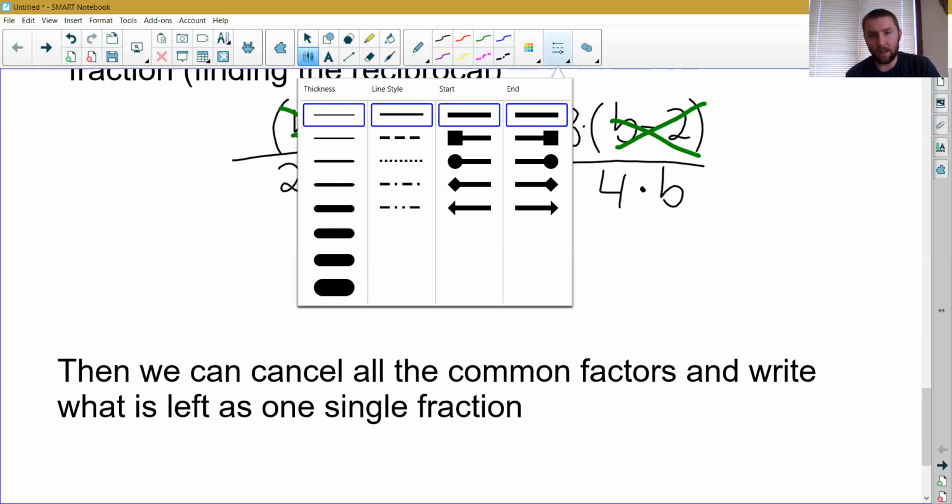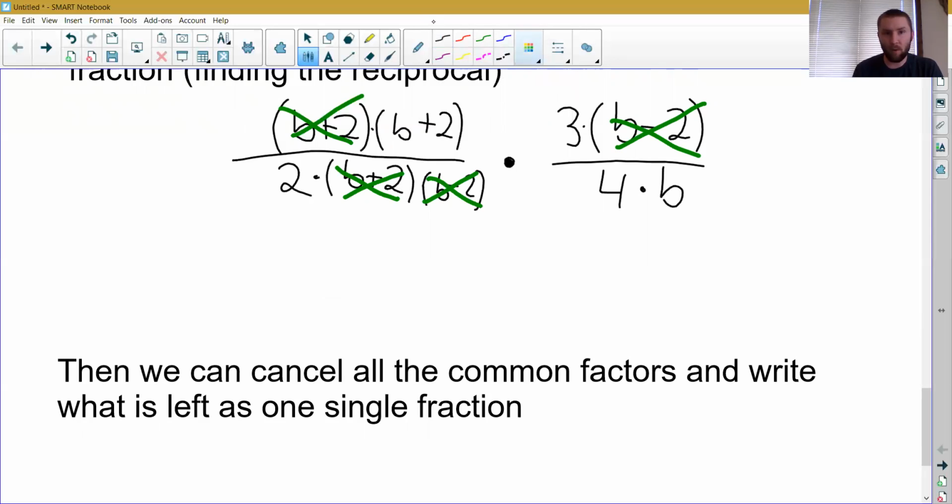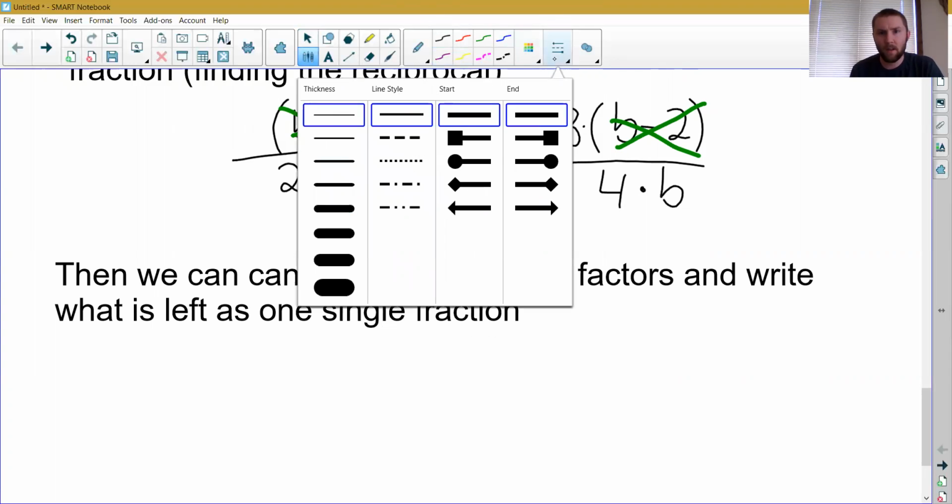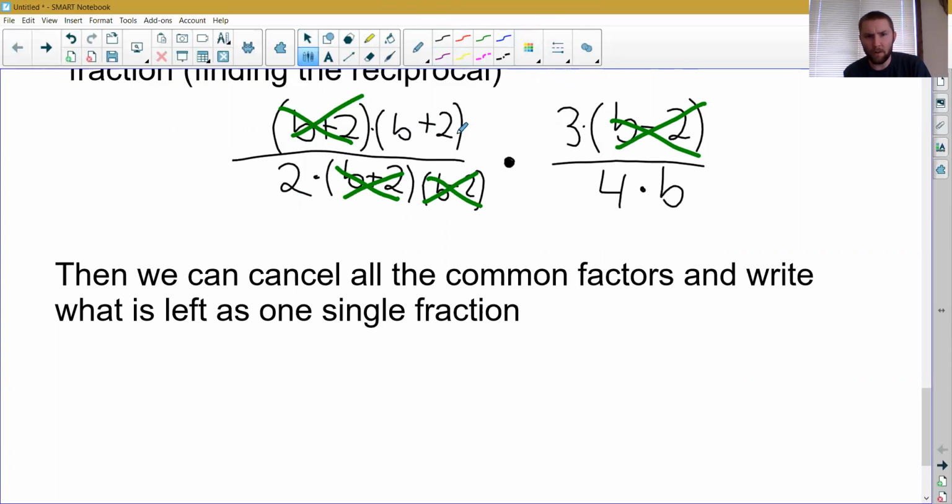So I do that canceling, I eliminate those, and now I'm going to write whatever's left over as one single fraction. If I take what's left in the numerators, I see a b plus 2 in parentheses, and I see a 3.